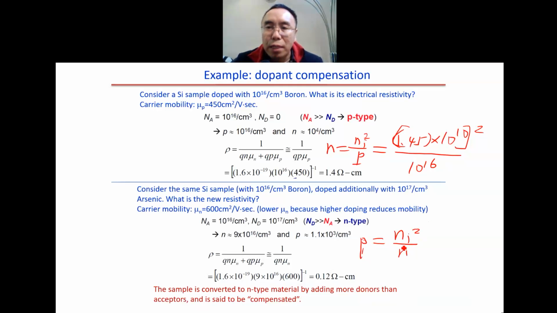You can see n is this number, but p is very, very small. So we have the same formula, and we can ignore this term. We put the numbers in and get 0.12 ohm centimeter. The sample has been converted to n-type material by this additional doping. Okay, thank you.